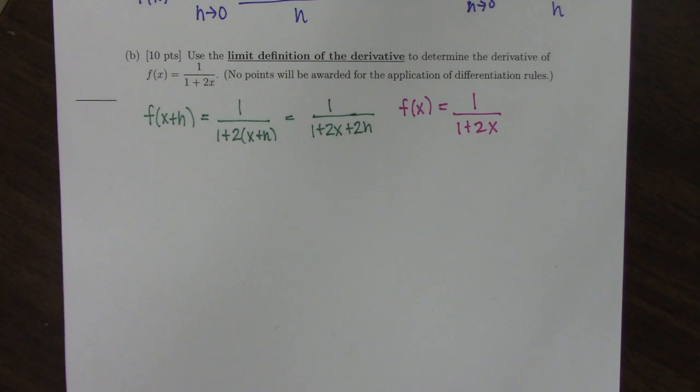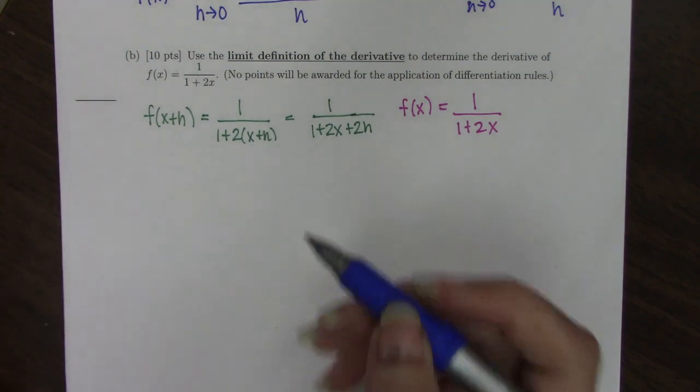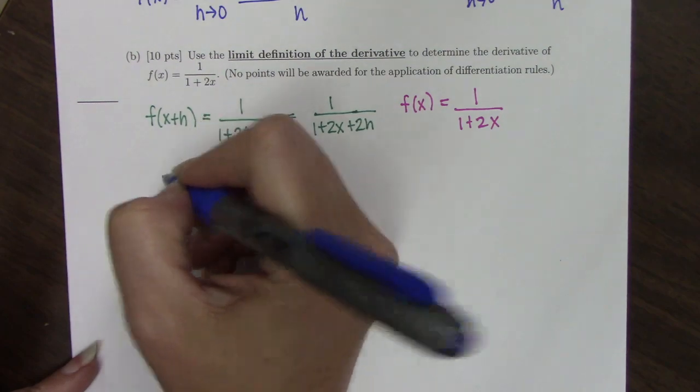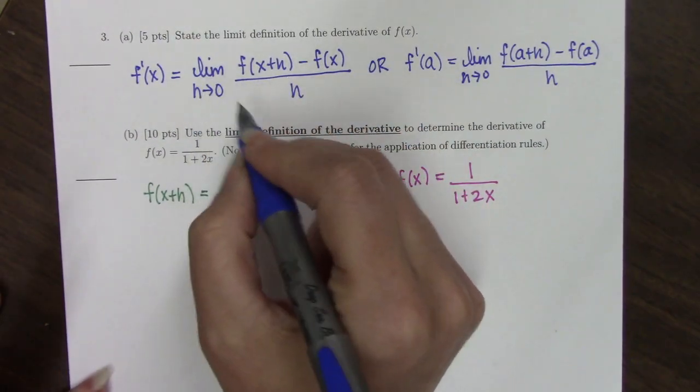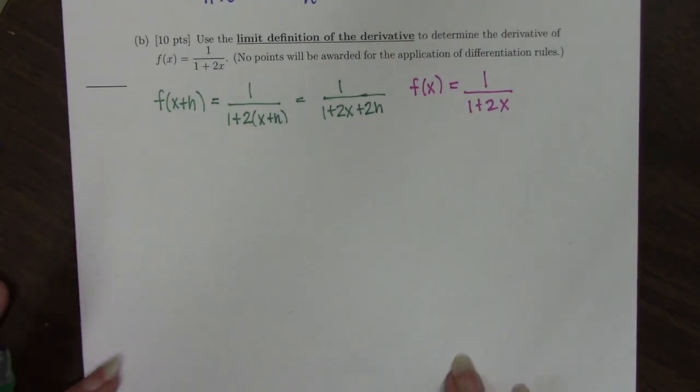Since I have a rational expression here, I'm going to try and simplify my numerator a bit. I'm going to do the difference quotient first. The difference quotient is just the stuff inside the limit, right? I'm just going to simplify this expression before I actually take the limit of my result.